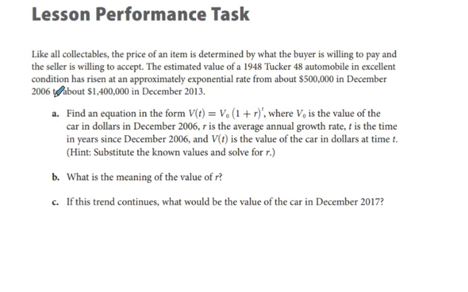So the starting value is this v sub 0, and then r is the average annual growth rate. t is the time in years since December 2006. Okay, and then it says hence substitute the known values and solve for r.